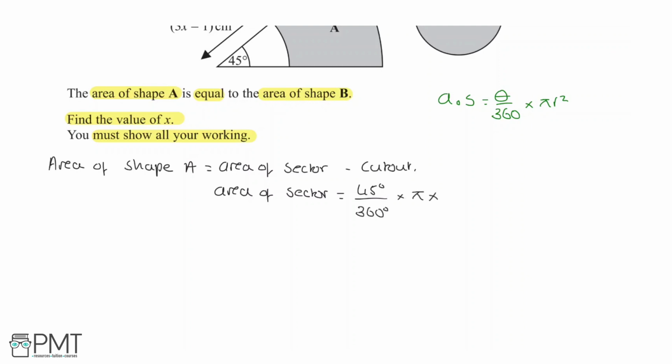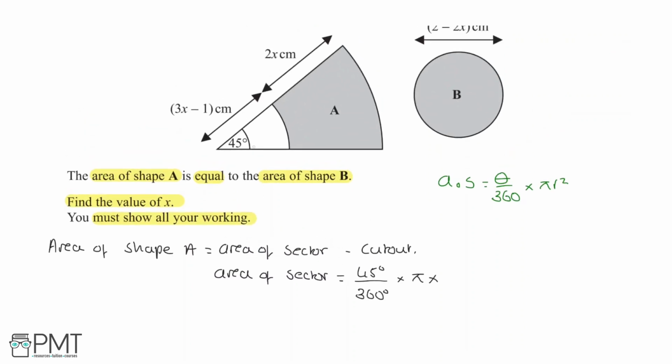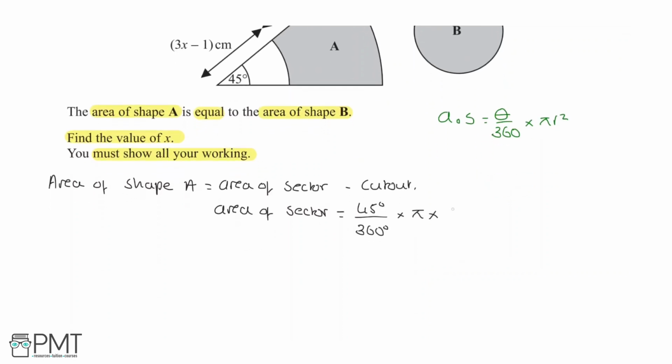Now our radius, if we look here, 3x minus 1 is our cutout, but the whole sector is including this 2x. So it's 3x minus 1 centimeters plus 2x centimeters, which is 5x minus 1 squared centimeters squared. Okay, so we need to square the 5x minus 1, and the unit is centimeters squared because it's an area. Now, 45 over 360.